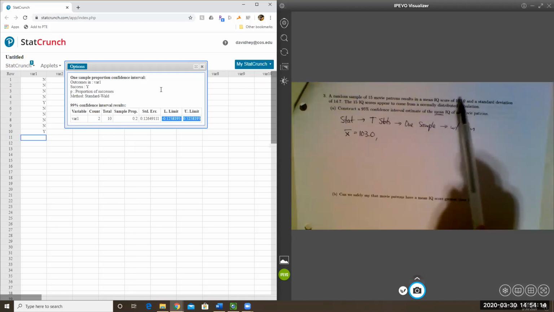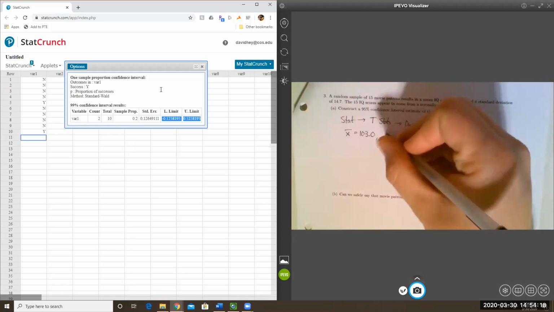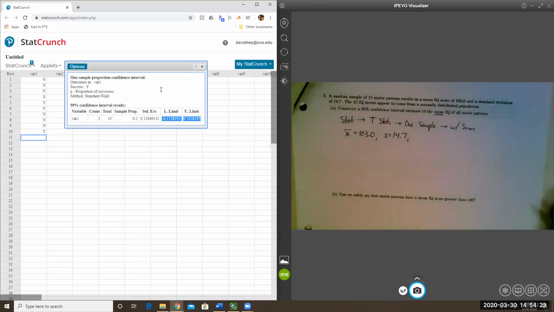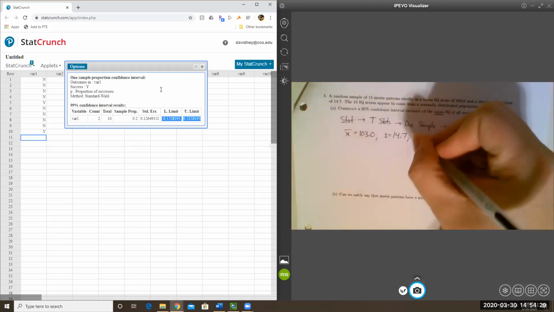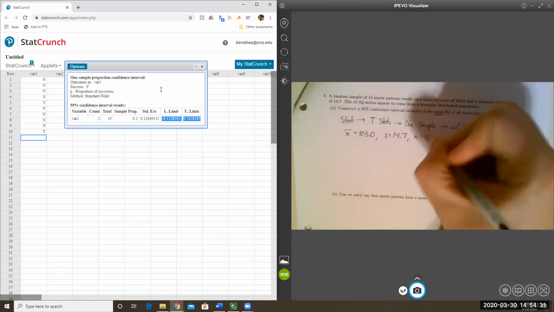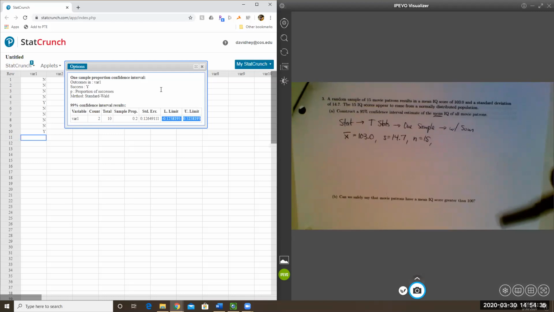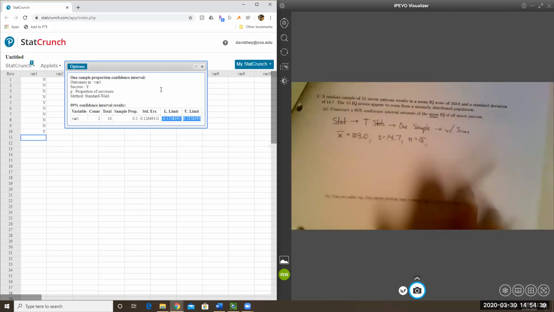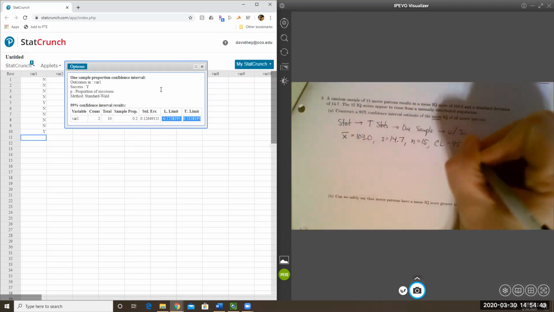We're told that it had a mean of 103 and a standard deviation of 14.7. We're going to be asked for the sample size. Well, here we had a random sample of 15 movie patrons. And then we're going to be asked for the confidence level. And we're asked here for a 95% confidence level. So I'm going to say confidence level equals 95%.